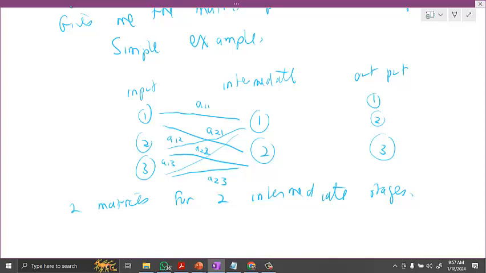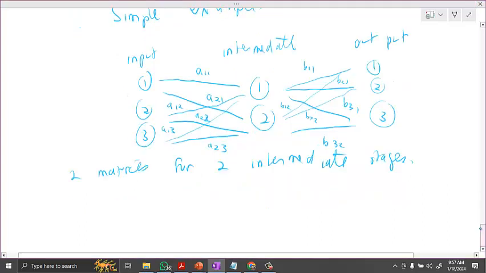And then similarly, this is going to be B11, then this is B21, and then this is B31, and then this is B12, and then B22, and then B32. Okay. All right, so let's first get the outer product for the first intermediate stage.